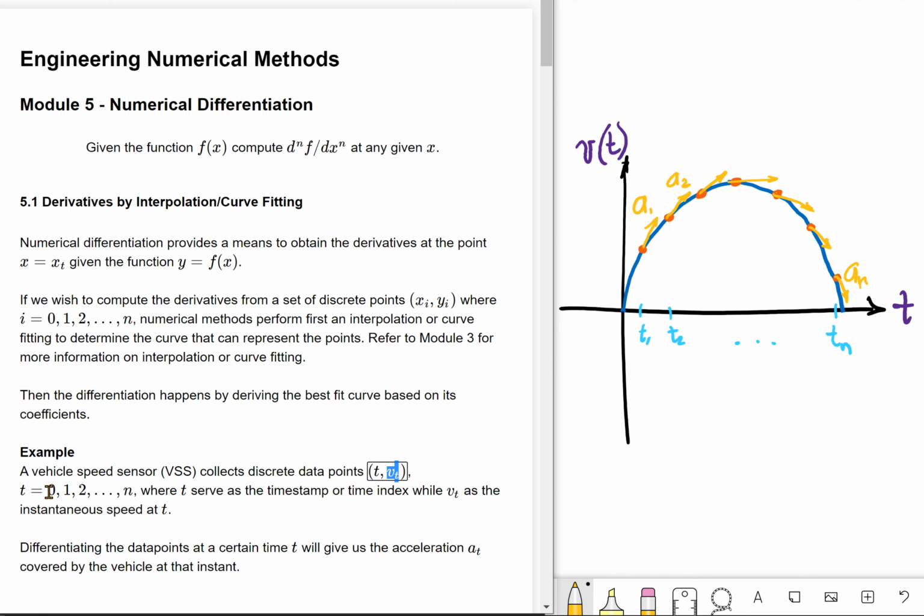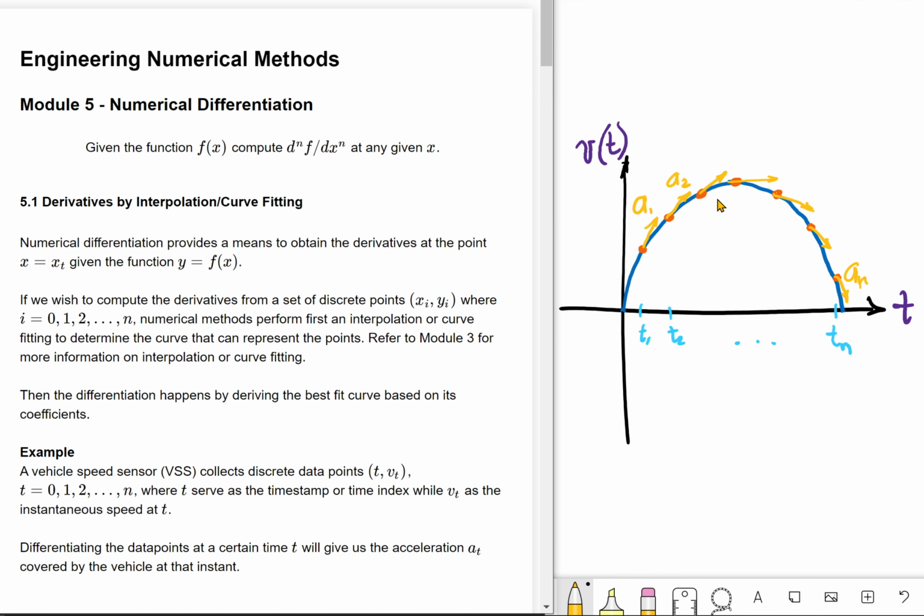So we have the time t serving as a timestamp or time index, and v of t as the instantaneous speed at time t. So differentiating the data points for a certain time t will give us the acceleration a of t of the vehicle at that instant time t. So here, this is the illustration of this example.